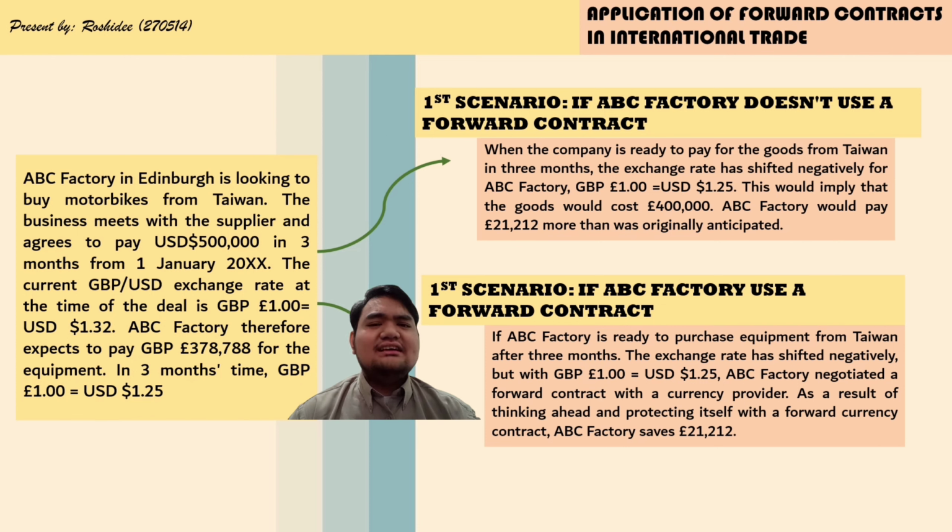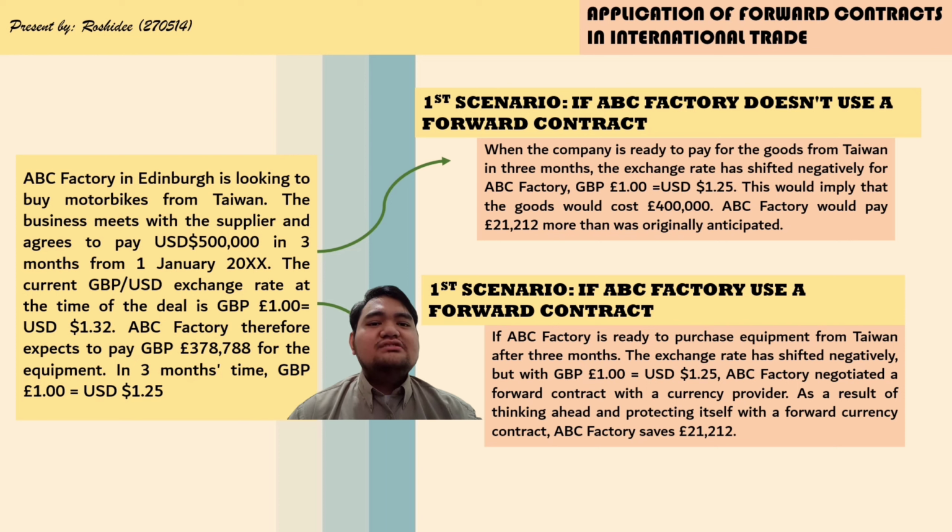And the second scenario is that ABC factory uses a forward contract. Although the exchange rate has changed from 1 Great British pound equal to 1.32 US dollars to 1 British pound to 1.25 US dollars, the factory still needs to pay only 378,788 British pounds, because the factory and the Taiwan supplier have entered into a forward contract and agreed to buy the motorbikes at the price of $500,000, which needs around 378,788 British pounds to convert to 500,000 US dollars.